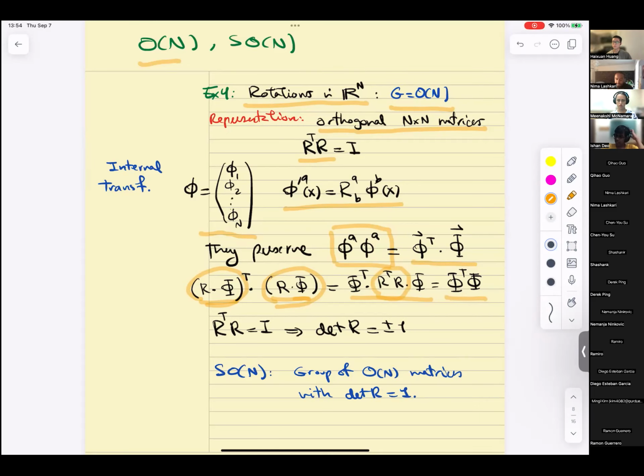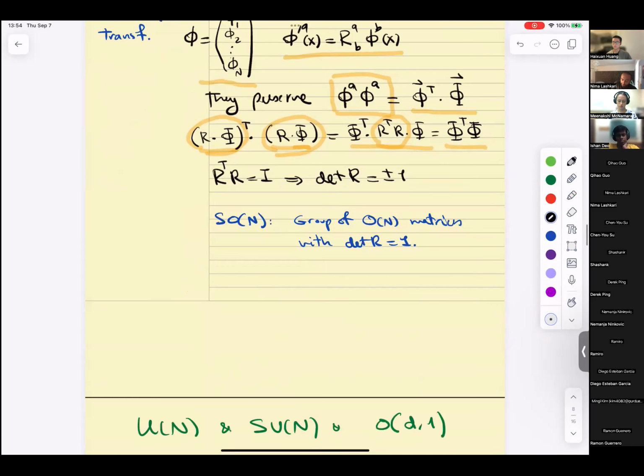So it leaves the inner product invariant, which means that if you construct your action using terms like this, for example, if you write down any potential that looks like this, and your kinetic term, that is like this, the action I wrote down has this symmetry.